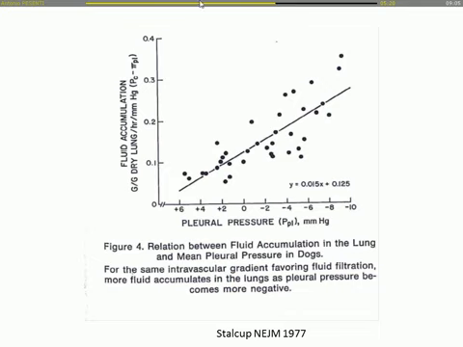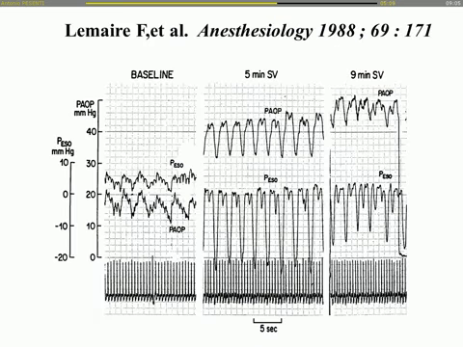You might be asking yourself, why do I show you papers that are 40 years old? Another paper, this is 30 years old. And where is Jean-Louis Teboul? Jean-Louis is one of the authors of this paper.